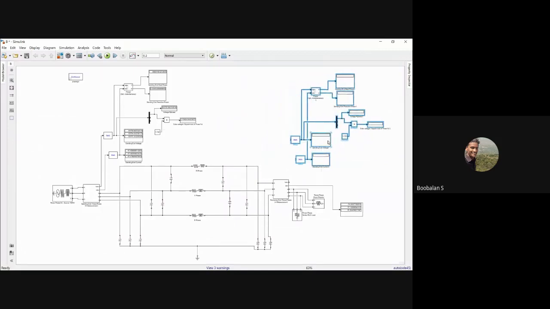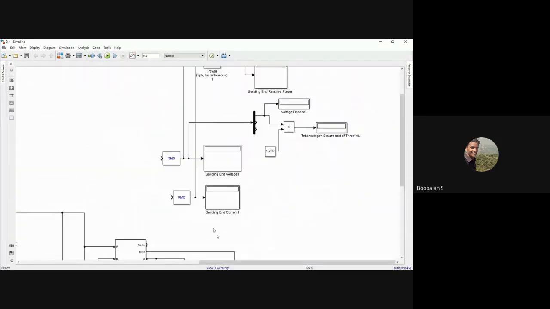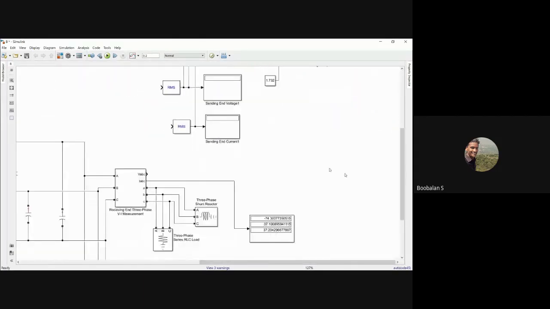I'm just going to move it a little bit over here. Now we need to connect RMS, right? So receiving end current, we need to rename it.